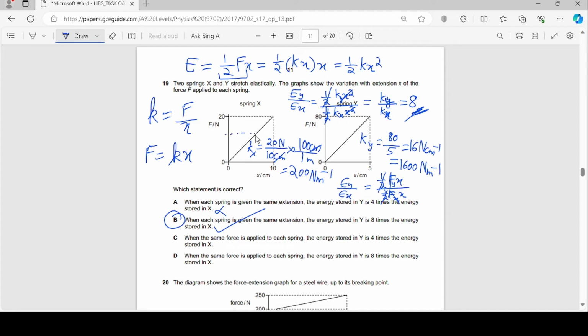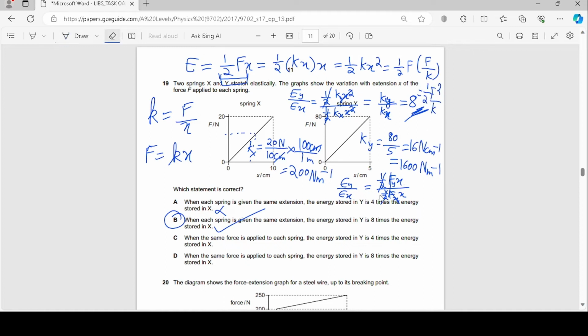So could we do something like x equals F over k, technically. Instead of considering x, I could consider half times F over k. I could rewrite the equation as half times F squared over k.